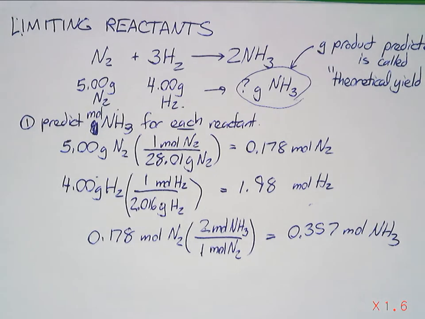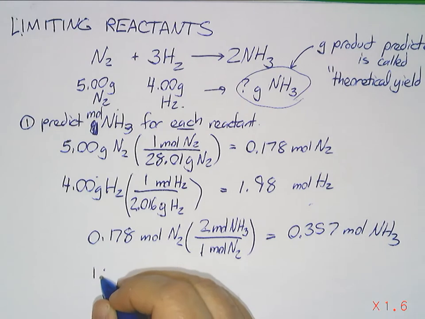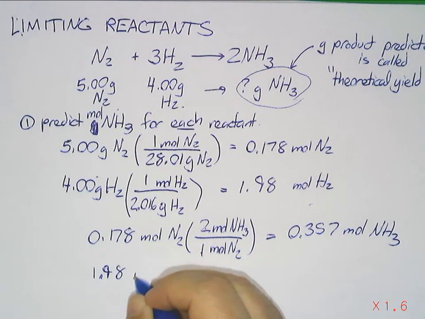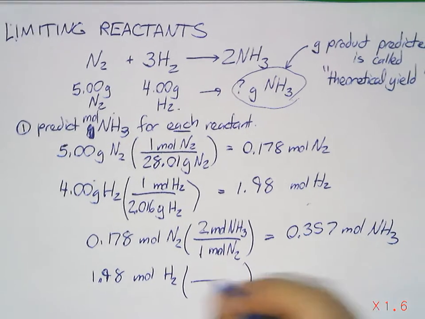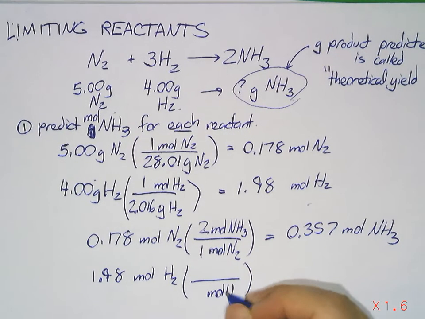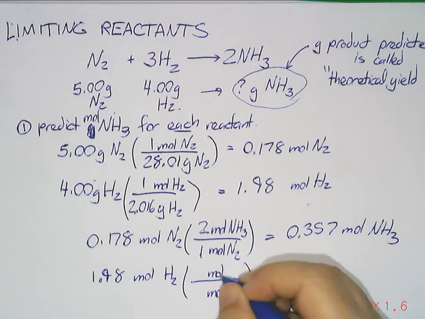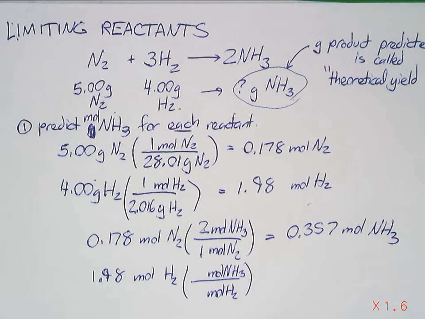Okay? And now let's do the same thing for the hydrogen. Take the 1.98 moles of hydrogen and let's convert it into ammonia. I know moles of H2 has to go on the bottom and moles of NH3 has to go on the top. So I'm converting both of these things into ammonia.